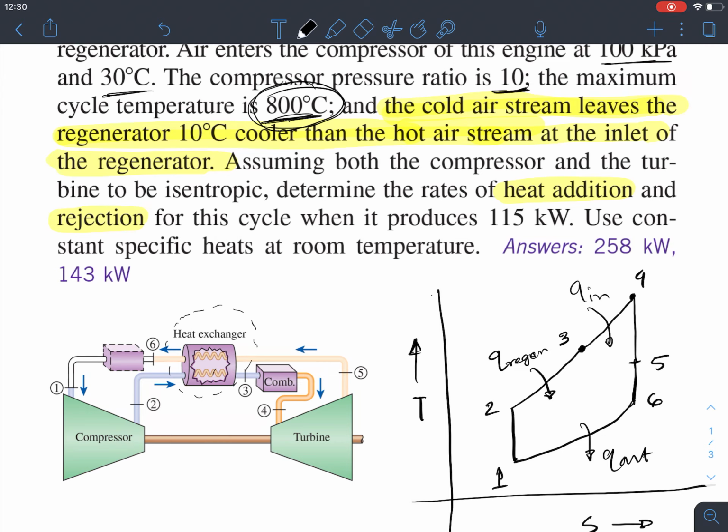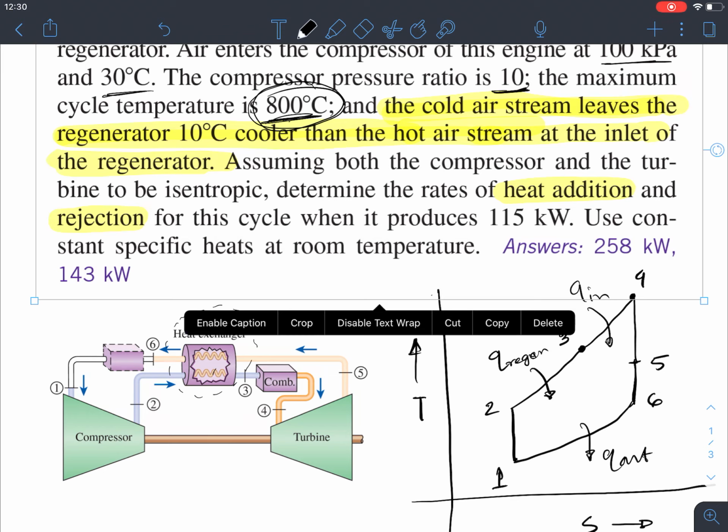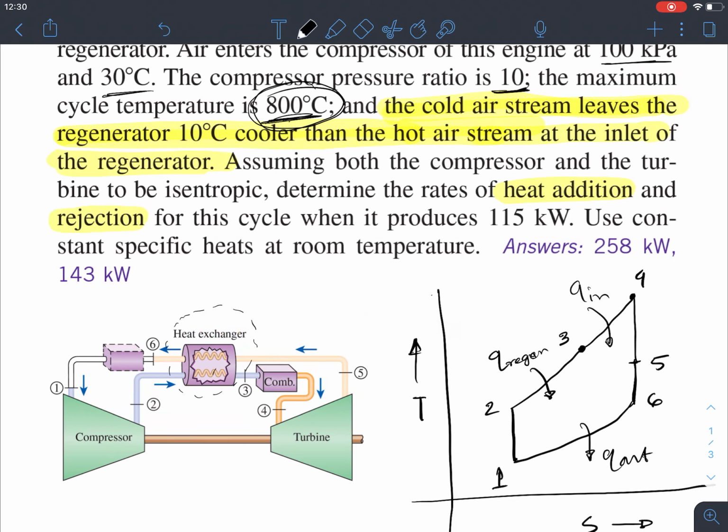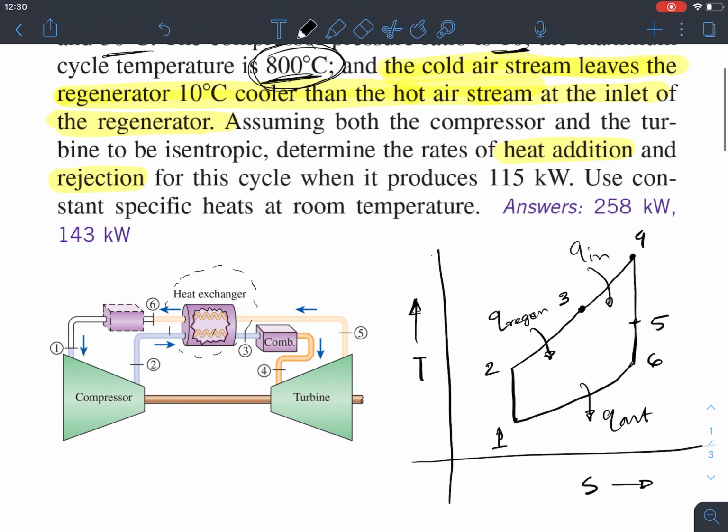For this cycle, the information given is that the cold air stream leaves the regenerator 10 degrees C cooler than the hot air stream. That means the temperature of the air leaving the regenerator, T3, equals T5, the incoming hot stream, minus 10 degrees C. That's the statement here.